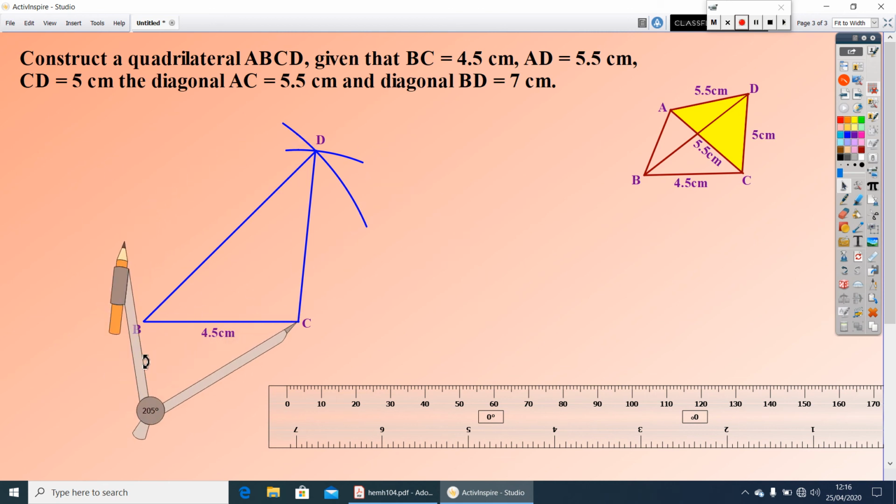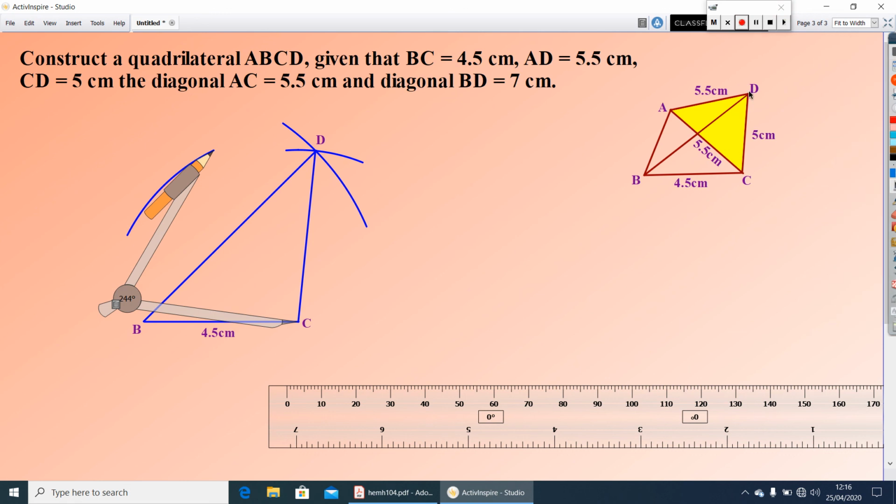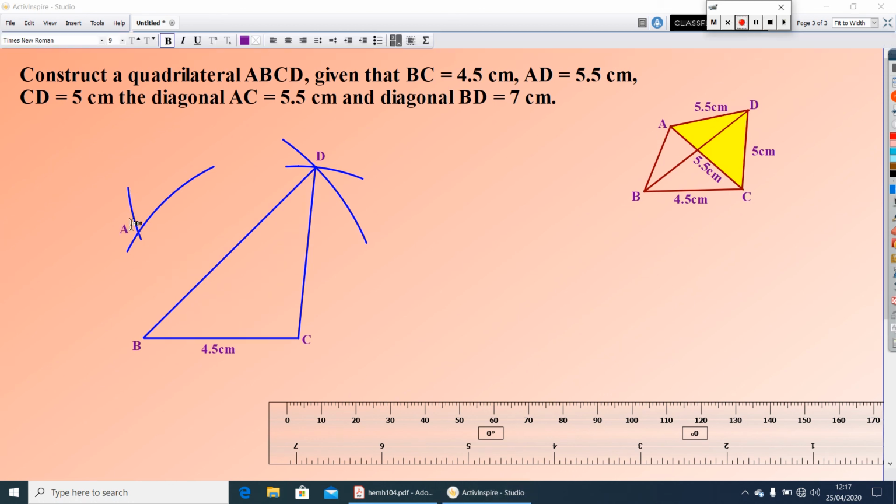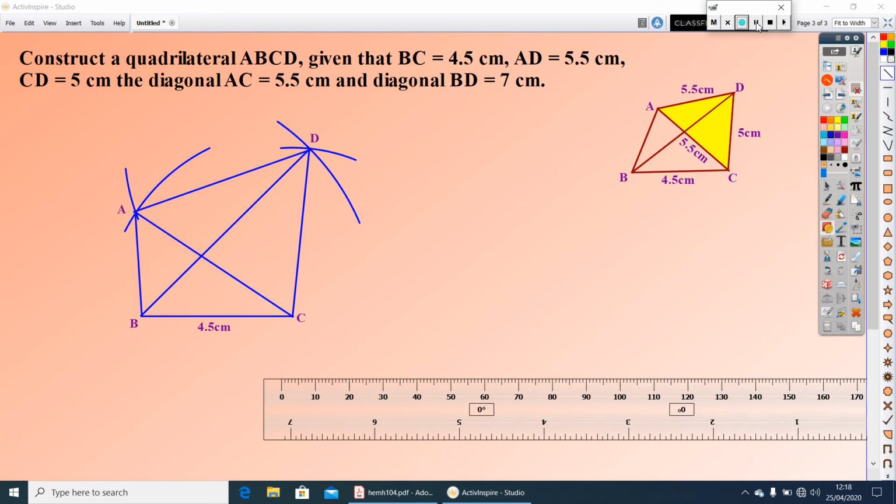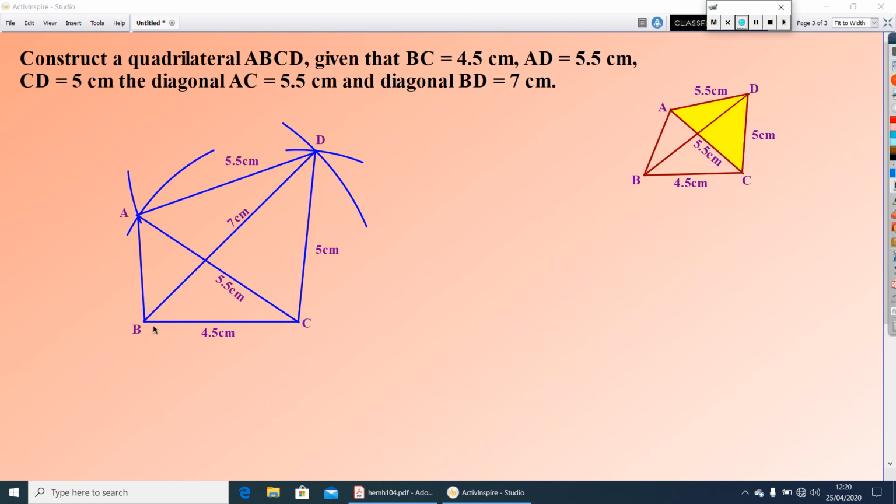Now from D also the same radius 5.5. So with the center D, same radius 5.5 centimeter, draw an arc to intersect the previous arc. Let the intersecting point be A. Now join AB and AD and write the measurements. Now ABCD is the required quadrilateral.